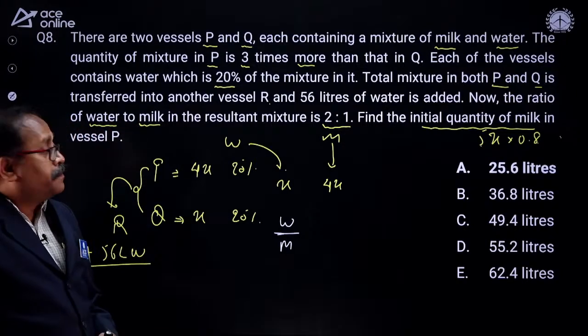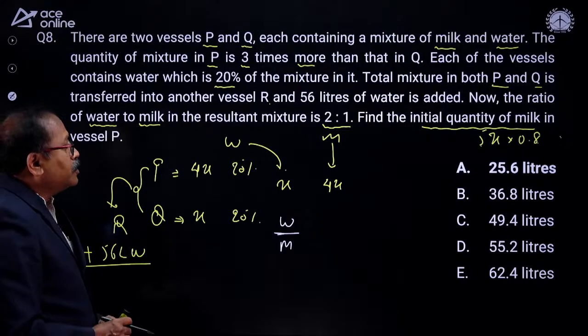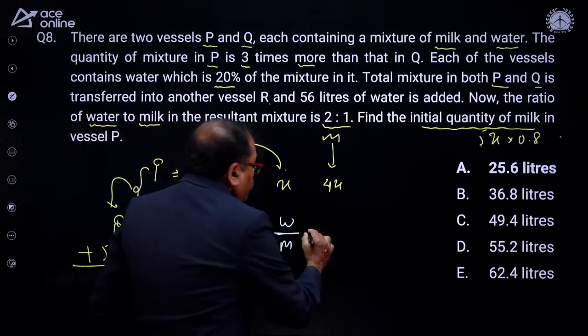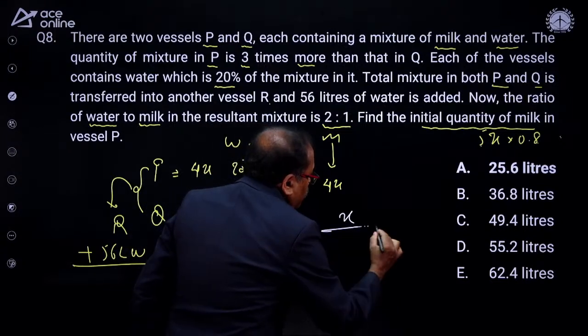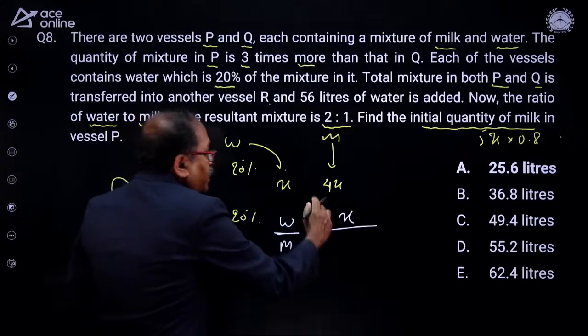अब वाटर कितना है टोटल, how much is the water in the whole, water in the whole is x by milk, the milk is 4x.